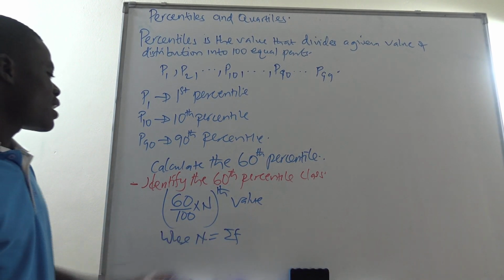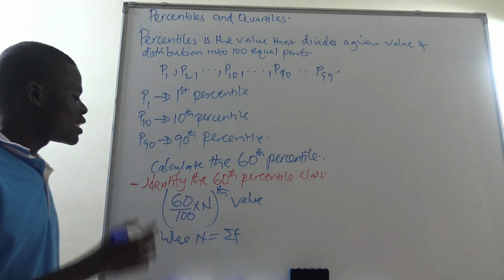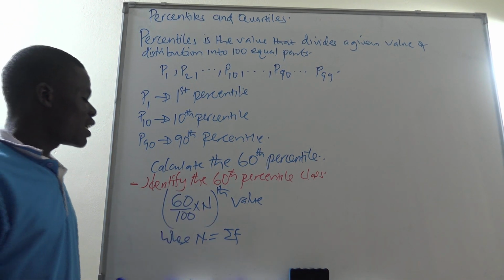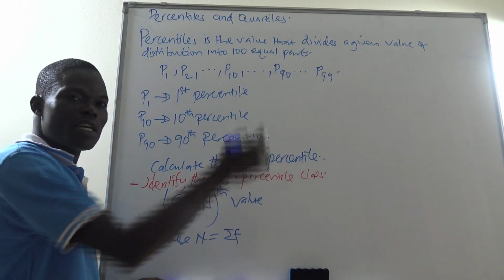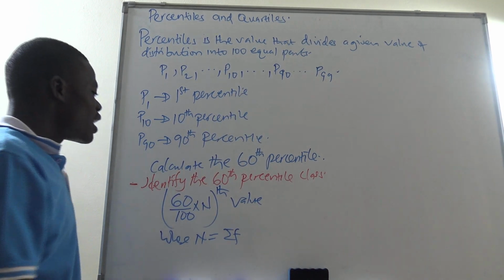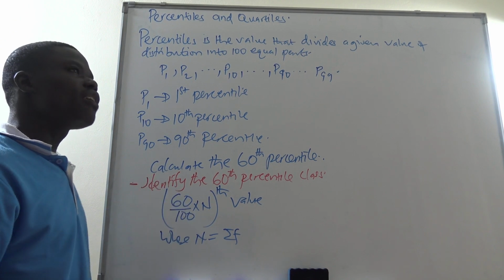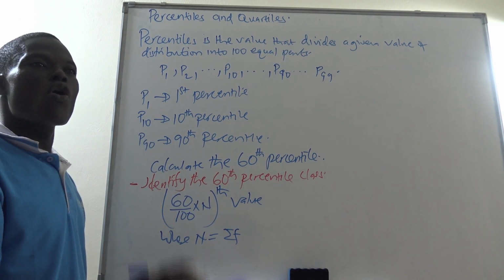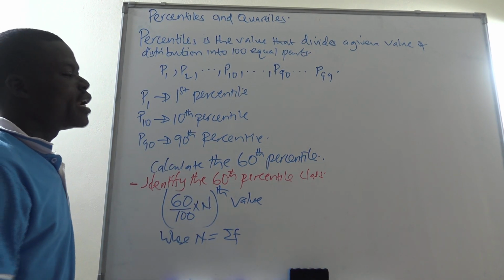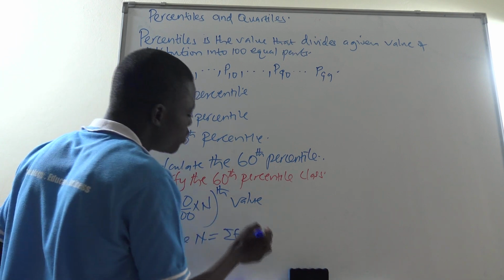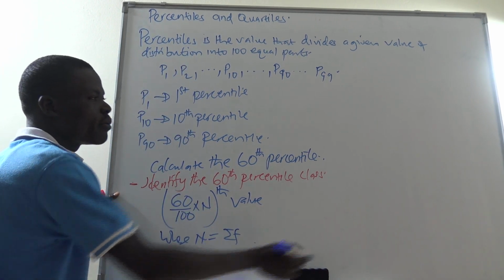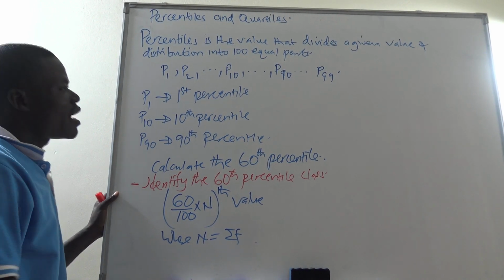After getting your summation of f, get 60% of it, and then read it from the cumulative frequency column, where you find a cumulative frequency equal to or greater than that value. The class within that cumulative frequency becomes your 60th percentile class.